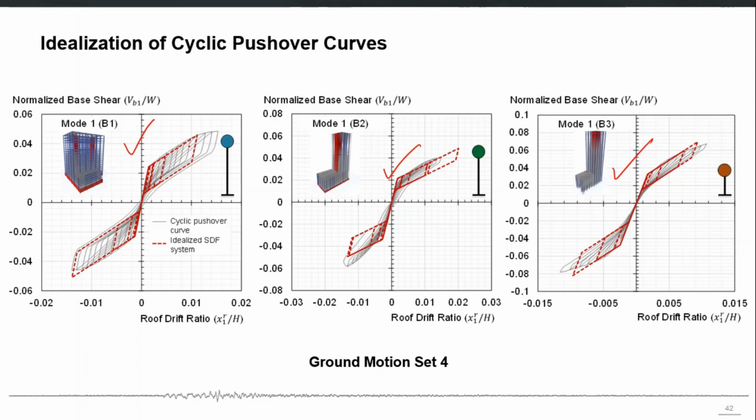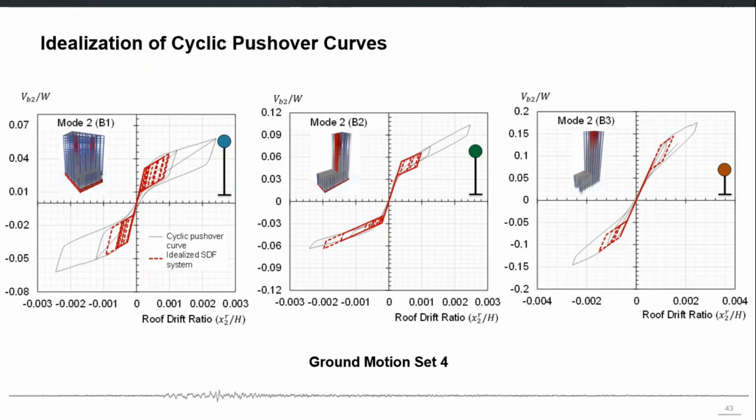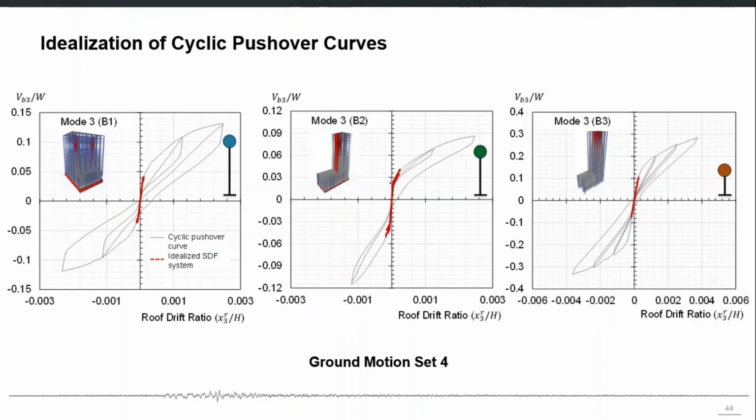The second mode is experiencing a relatively lower level of nonlinearity, and the third mode is almost linear elastic. Just in this B2 second building case, it is yielded but not significantly. In this case, it is almost linear elastic. So as we go to higher modes, they tend to remain elastic under the same earthquake.